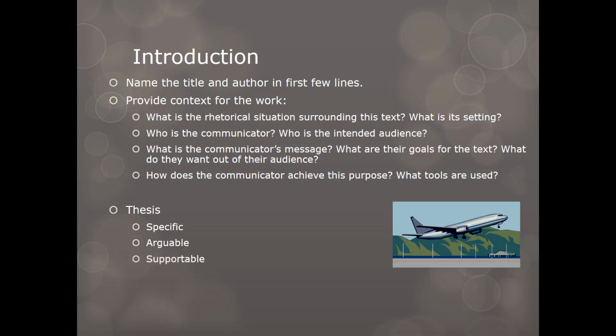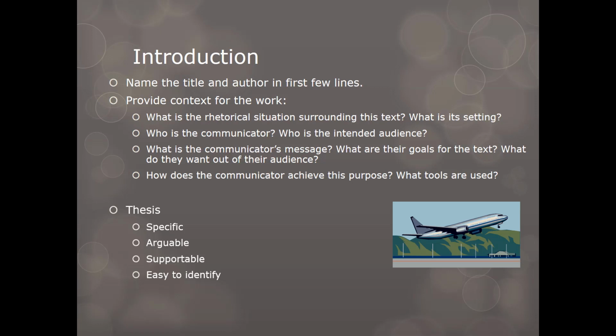It needs to be supportable, meaning you do have reasons for supporting your position, the kinds of things we're going to look at in the body. It needs to be easy to identify, which means your readers need to be able to tell that that sentence is the one that's most important for directing our focus.